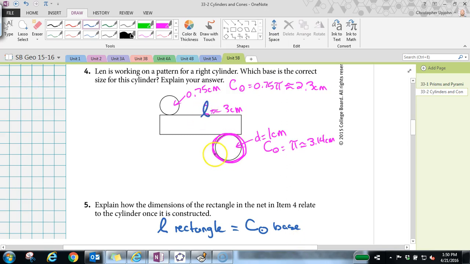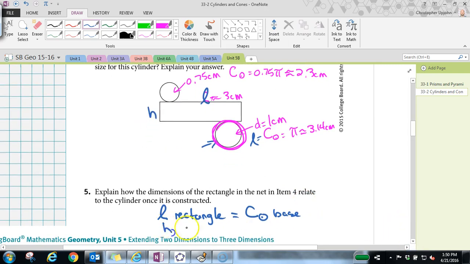So this is L. This circumference is L as well. And the height of the rectangle is the height of the cylinder, or the distance between the bases, the circle bases.